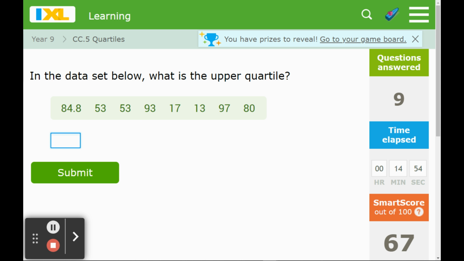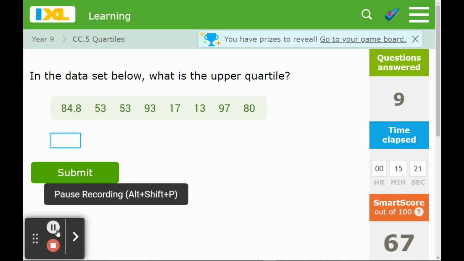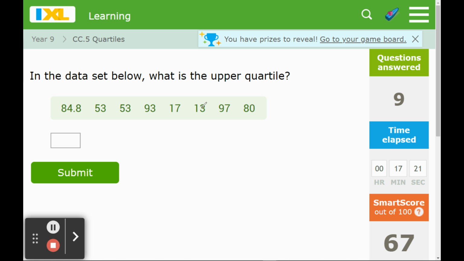All right, see if you can find the upper quartile for this one. The smallest number here is 13, 17, 53, 53, 80, 84.8, 93, and 97.